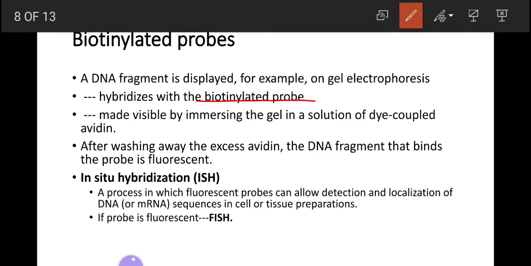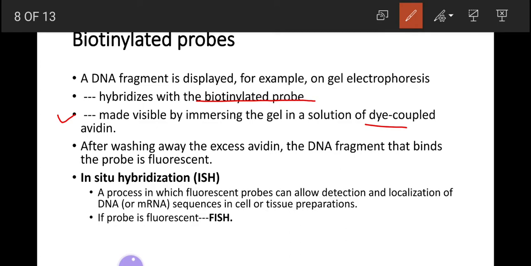So they can be made visible by immersing the gel in a solution of dye coupled with avidin. The probes attached with biotin bind with the avidin attached to the dye. After washing away the excess, the DNA fragment that has bound the probe is fluorescent.